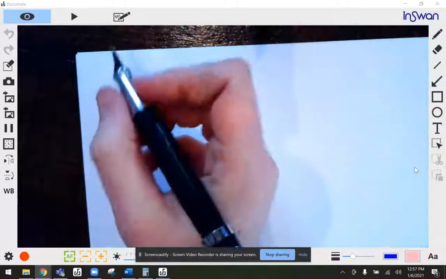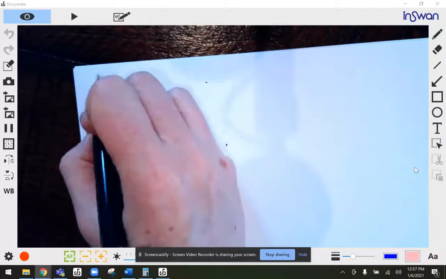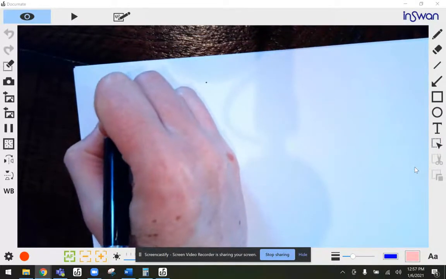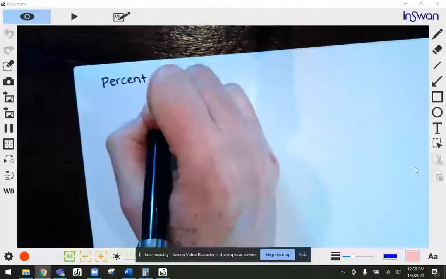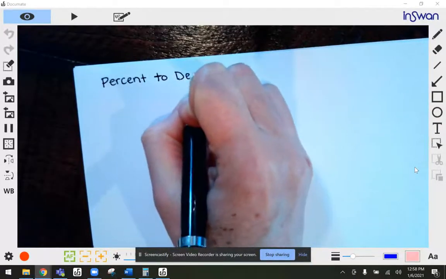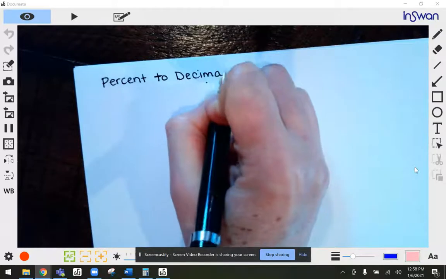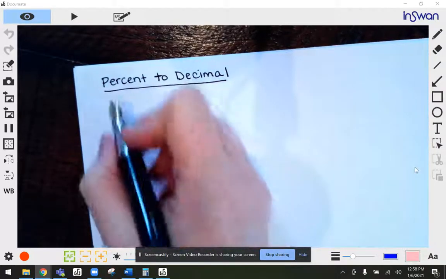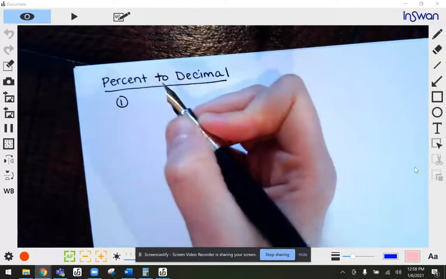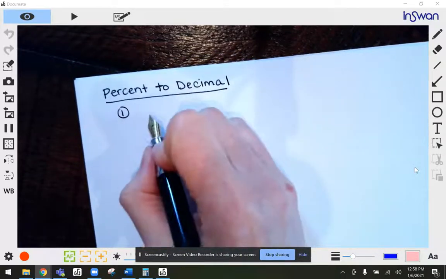All right, got two more. We're going to do now percent to decimal. Okay, when we go percent to decimal, we're going to this time move the decimal two places to the left.